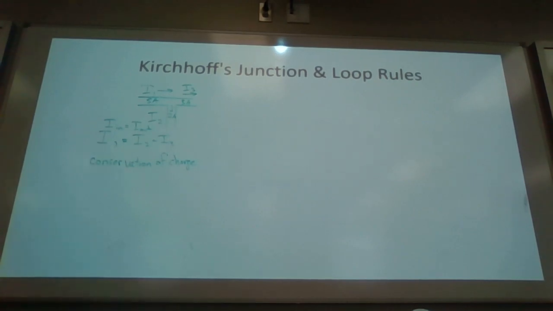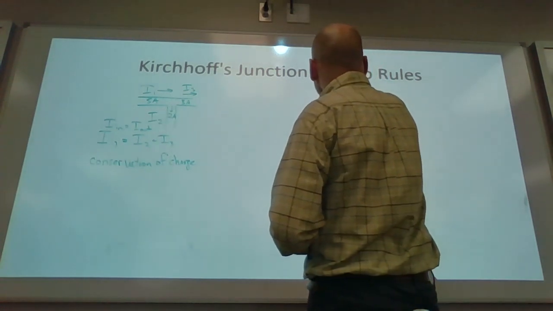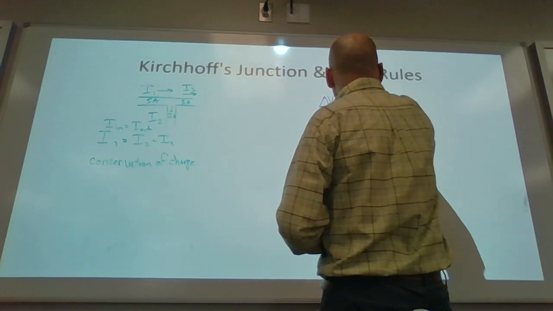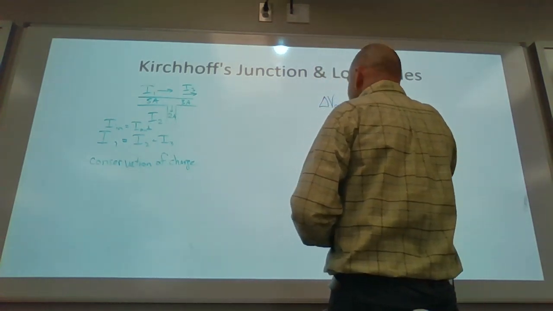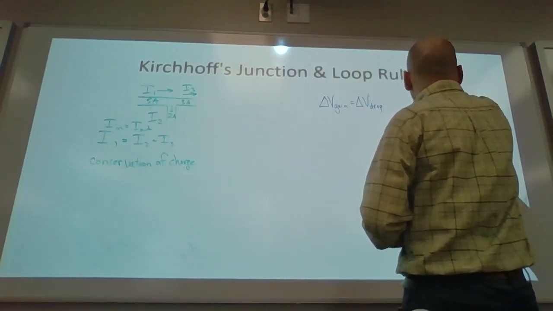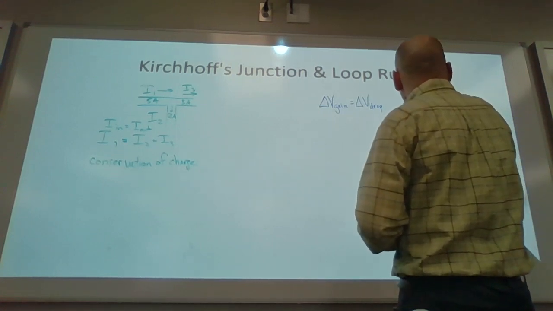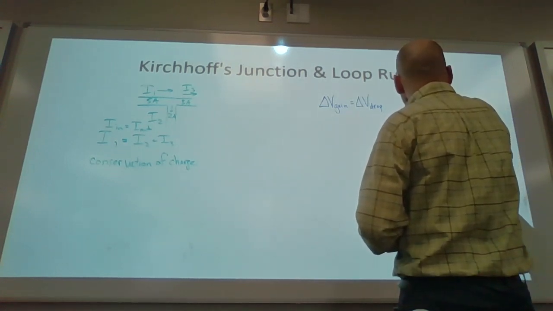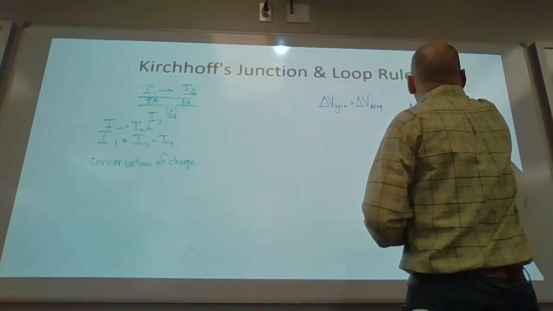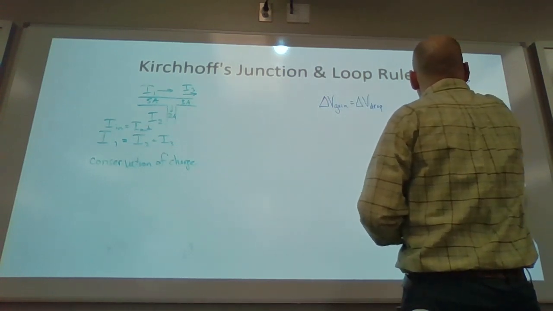Okay. So that's Kirchhoff's junction rule, loop rule. Says the voltage gain equals the sum of the voltage drops. This is the chutes and ladders analogy, where if you have like a 12-volt gain, it applies over any loop, not just ones in wires.